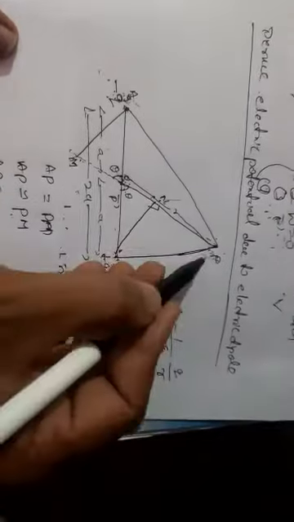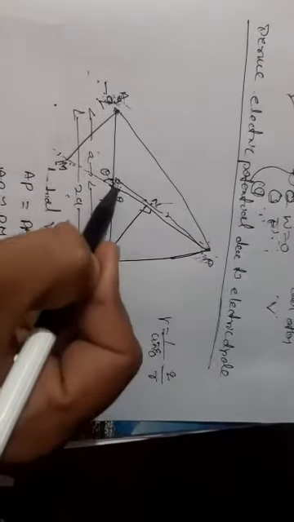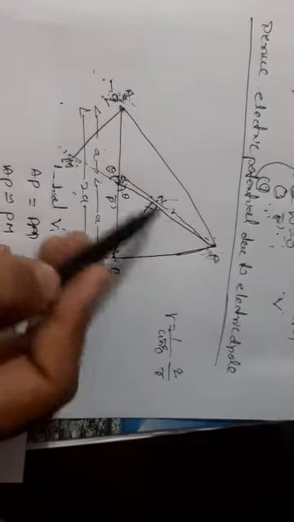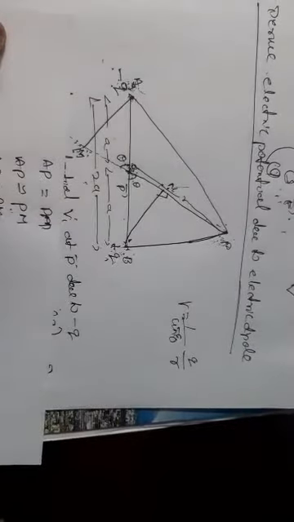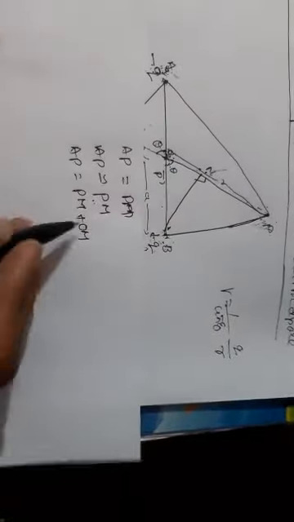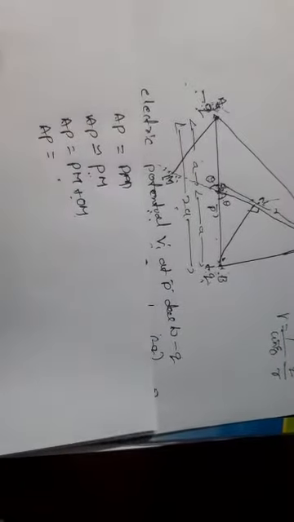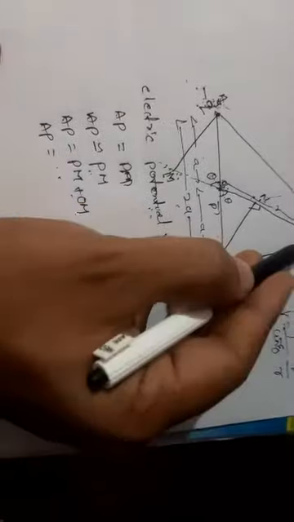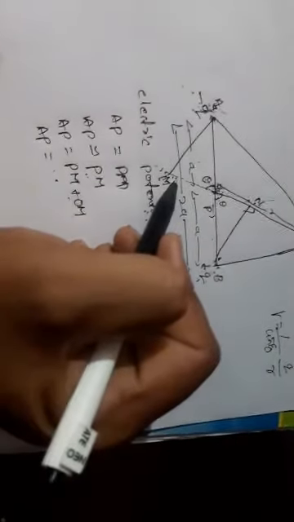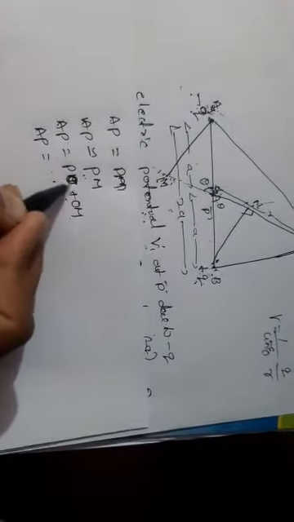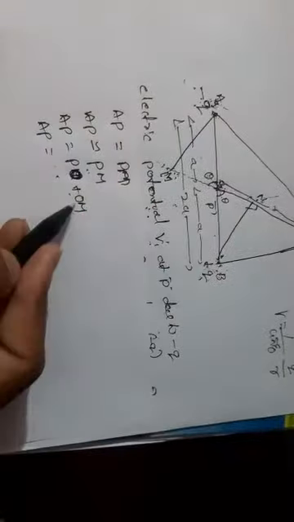How to write PM? PM can be written as the sum of PO and OM. So AP is equal to PM, which is the sum of PO and OM.